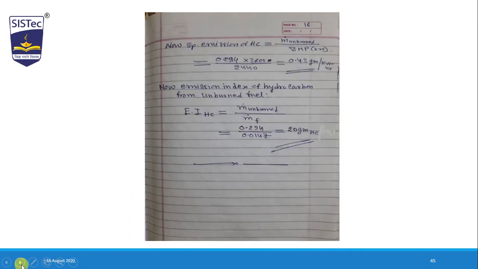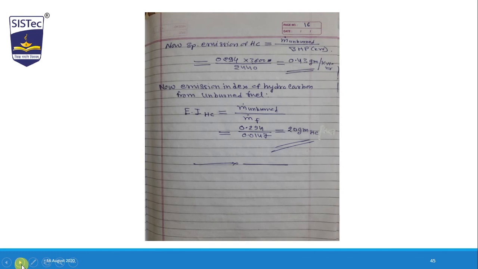Now calculate the specific emission of hydrocarbons. Hydrocarbon is a fuel, which is also known as a pollutant, called the unburned hydrocarbon. We are using the relationship: mass flow of unburned fuel divided by BHP in kilowatt.